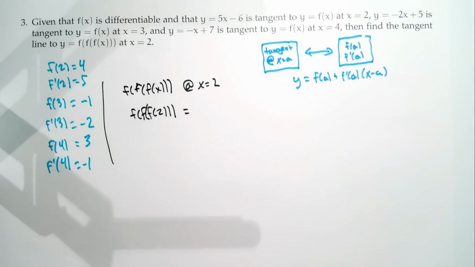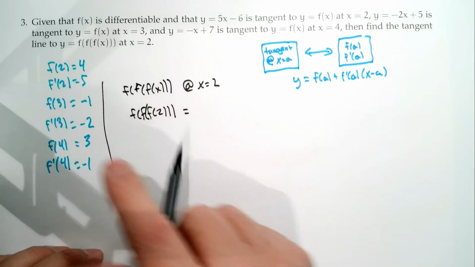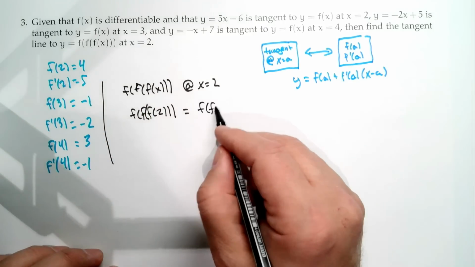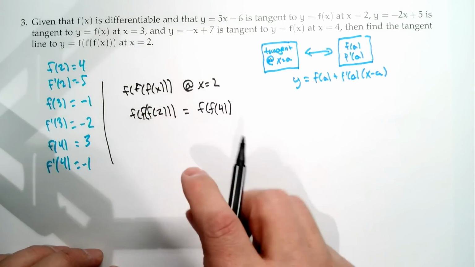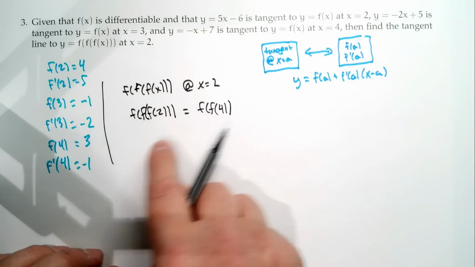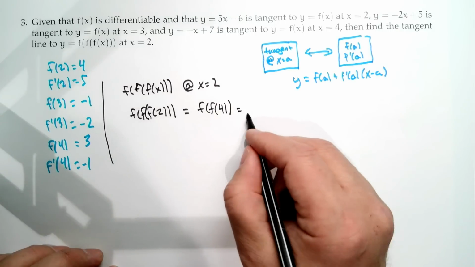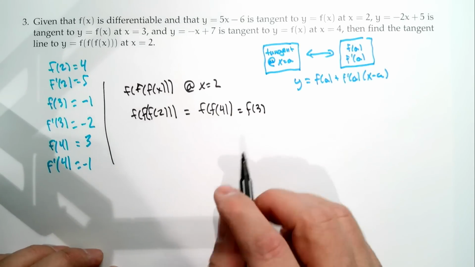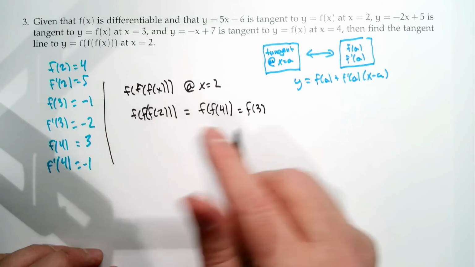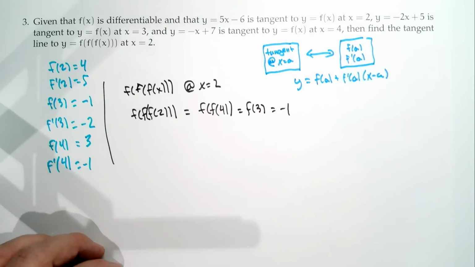F of 2 is 4, so that's f of 4. How about f of 4? That's 3. So that's f of 3. What's f of 3? Negative 1. Okay, so now we know the value of f of f of f of 2.